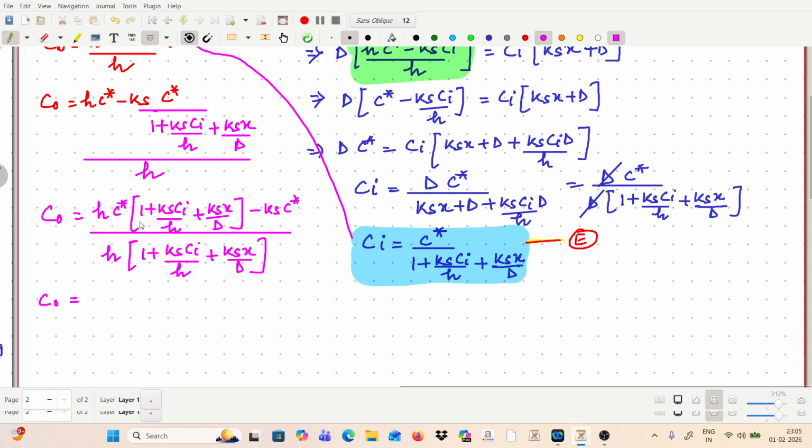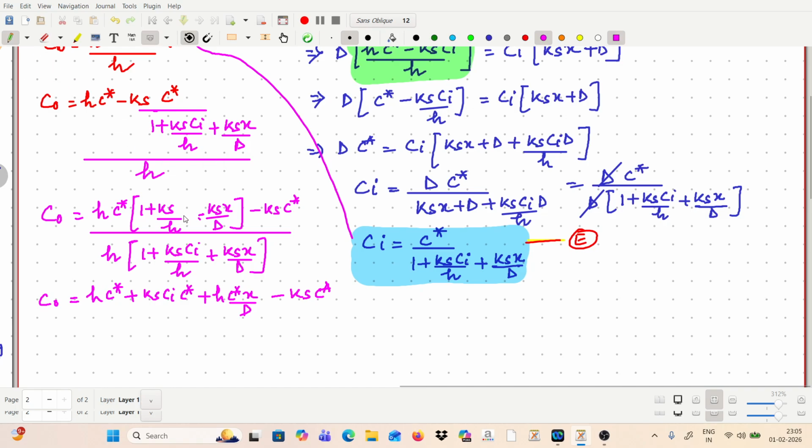If you multiply this one, simply I am multiplying H C star plus KS CI C star plus H C star X by D minus KS C star.